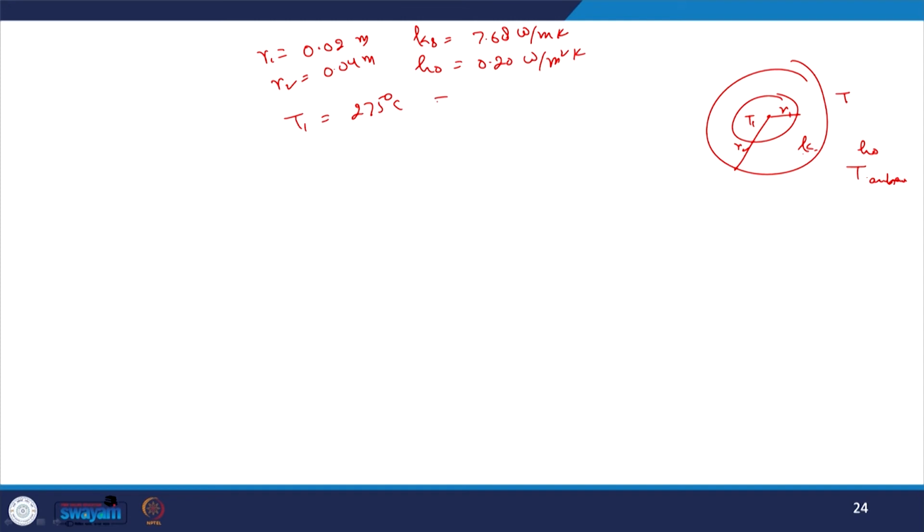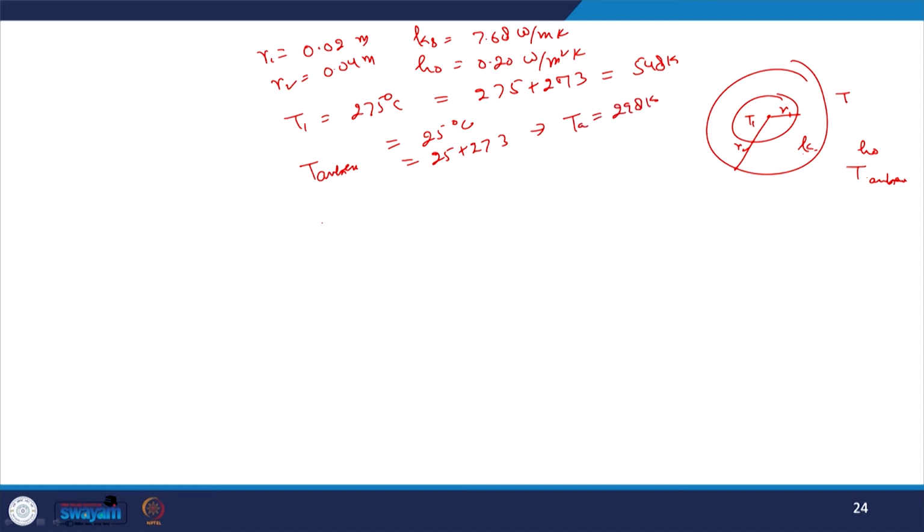So if we convert it into the Kelvin, it needs to be added with 273, and then T1 comes out to be 548 Kelvin. T ambient is equal to 25 degrees Celsius. If 25 plus 273, it comes out to be TA is equal to 298 Kelvin.